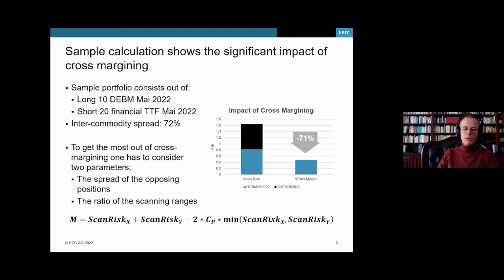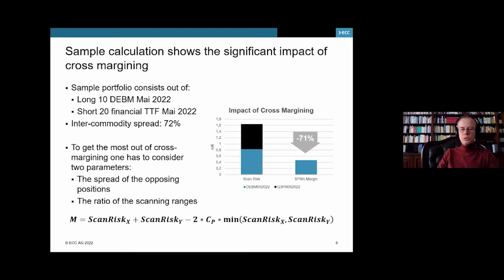So in my portfolio, I have a 71% reduction, which is pretty close to the 72% inter-commodity spread, which would be the maximum reachable. So therefore, there are two parameters you have to consider whenever you want to optimize your portfolio using cross-margining. One is, of course, you have to find a reasonable future with a high inter-commodity spread.